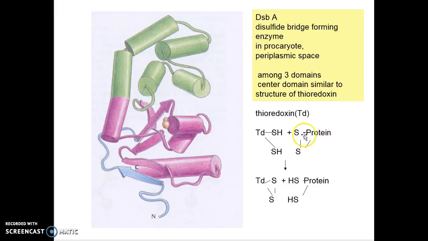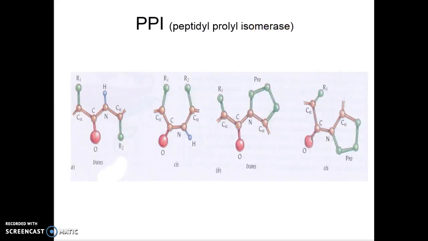The protein with the disulfide bond could be reduced into two cysteine forms. Okay, so reverse reaction also possible. So this pink domain in this protein may catalyze this kind of disulfide bond formation and the breakage.